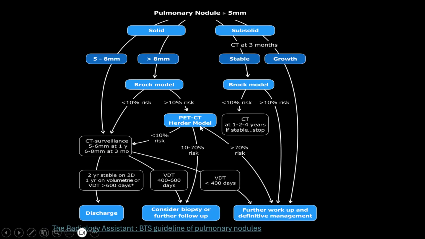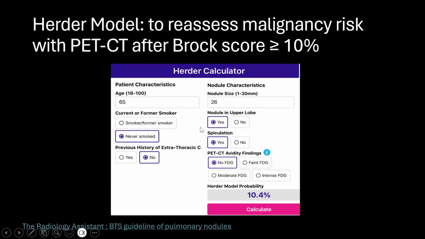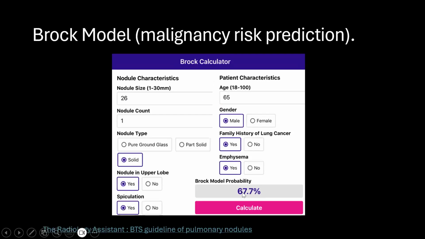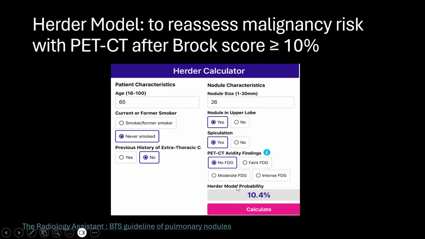For PET-CT, we use a similar model called the Herder model, this one. It also has criteria like age, smoking status, previous history of extrathoracic cancer, size, location, spiculation, and PET avidity. So this is the score for the same patient, which was 67.7 here. And because there is no FDG avidity, it went back to 10.